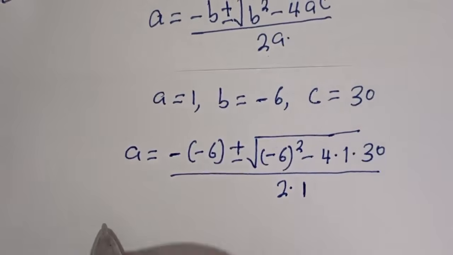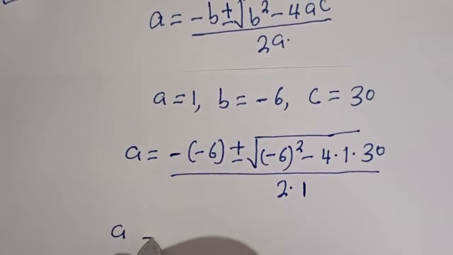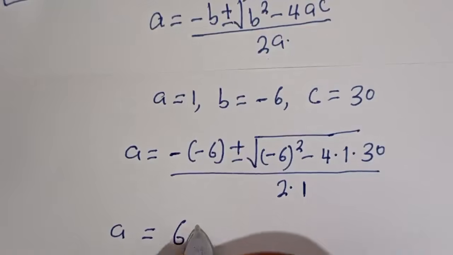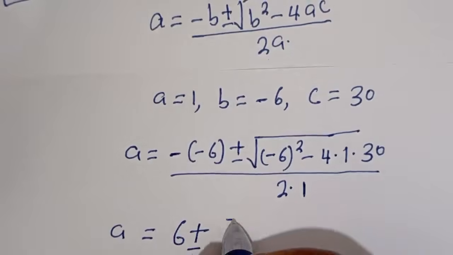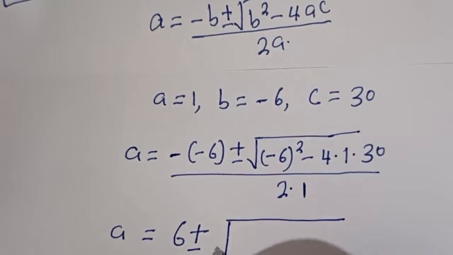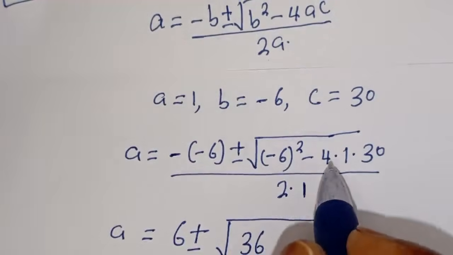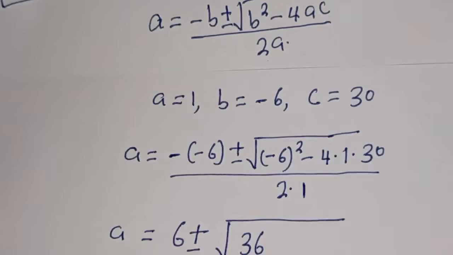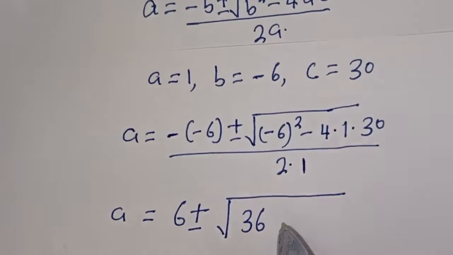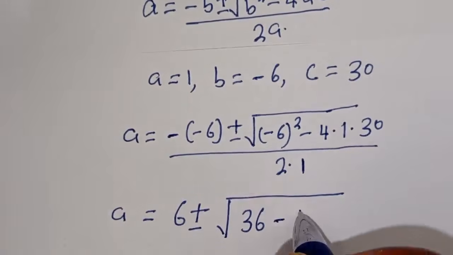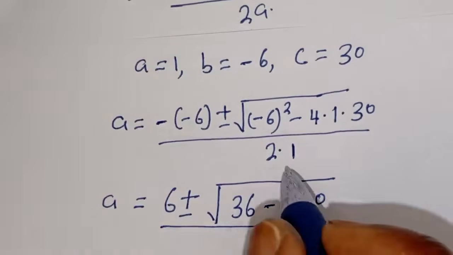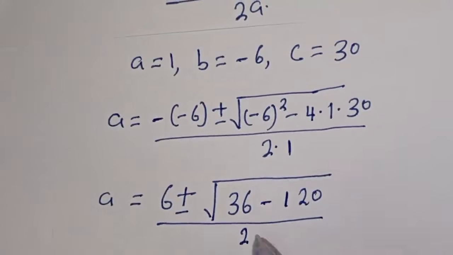Then here we have a is equal to minus times minus 6, that is plus 6, plus or minus square root of minus 6 squared, that is 36, minus 4 multiplied by 1 multiplied by 30, that is minus 120, divided by 2 multiplied by 1, that is 2.